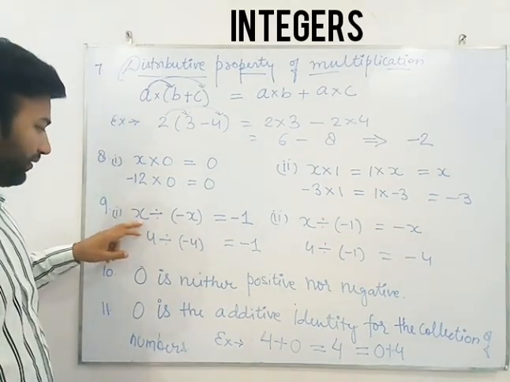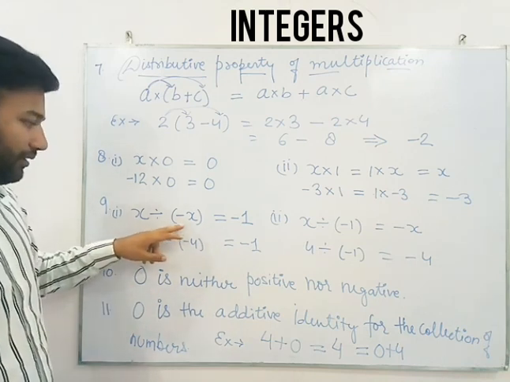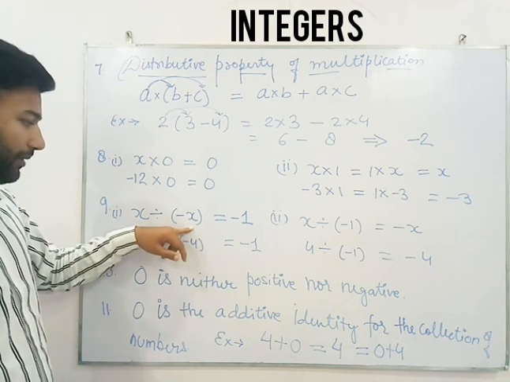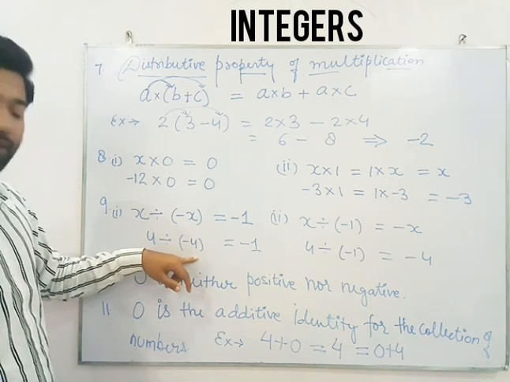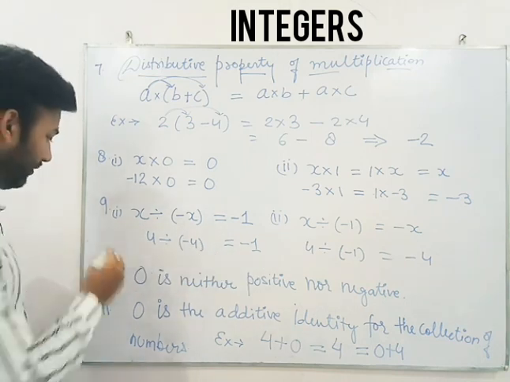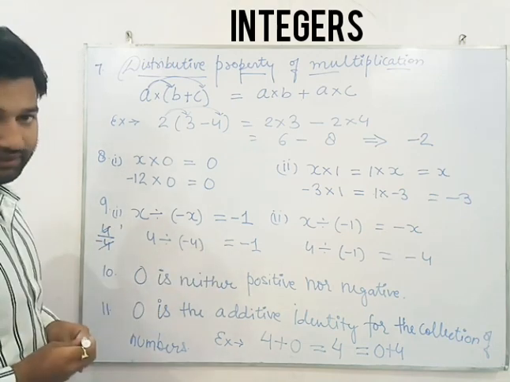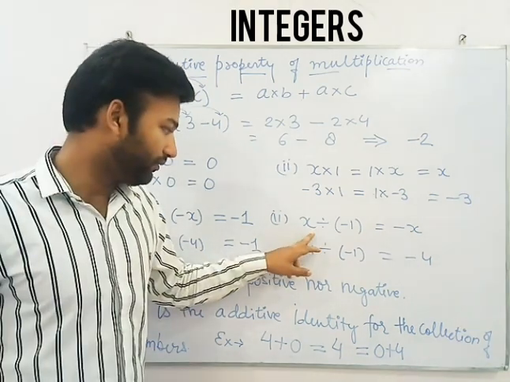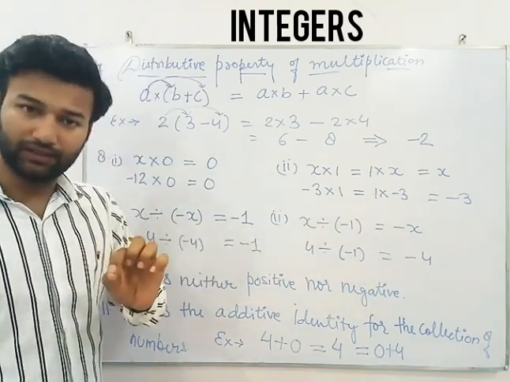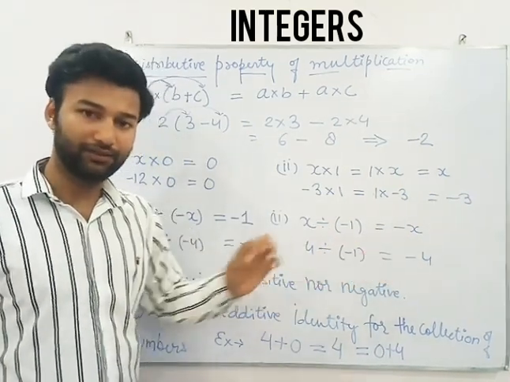Next, if any integer x is divided by its additive inverse, meaning the same number with a negative sign, like 4 divided by -4, then the answer is -1, because 4 divided by -4, 4 1s are 4, and the negative sign. Okay. And if any integer is divided by -1, then the answer is always the negative of the integer.